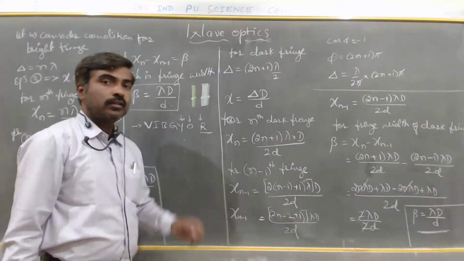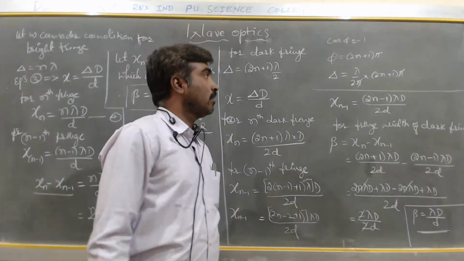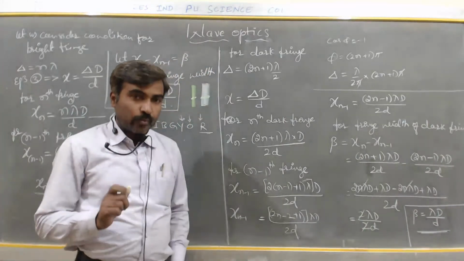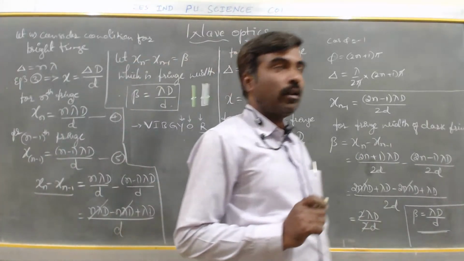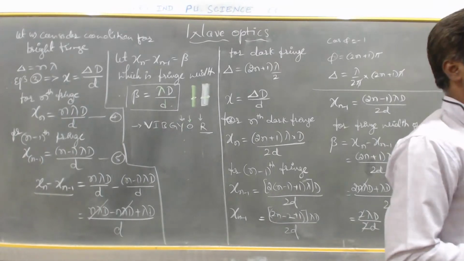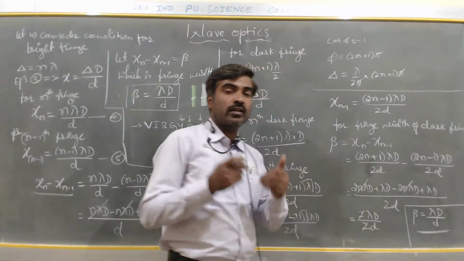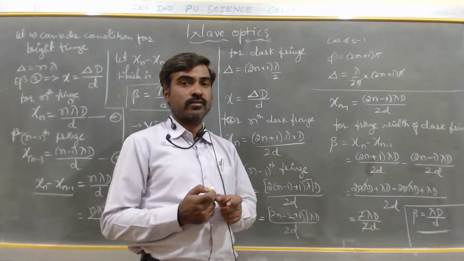So it has now been mathematically proved that in interference, bright and dark fringes will have equal width. It is not that since the bright fringe is brighter, its width may be more, or since the dark fringe is dark, with less intensity, its width may be less. Not like that.